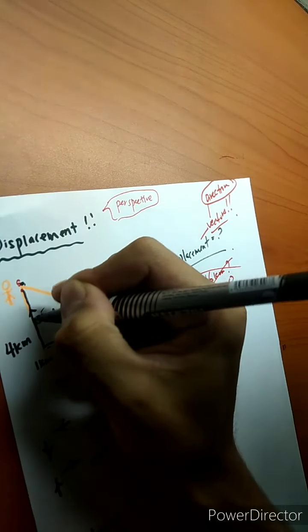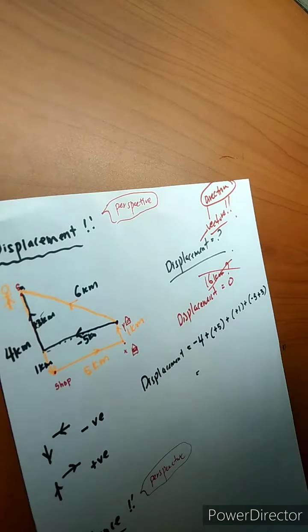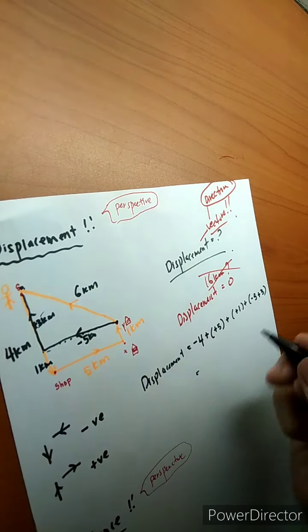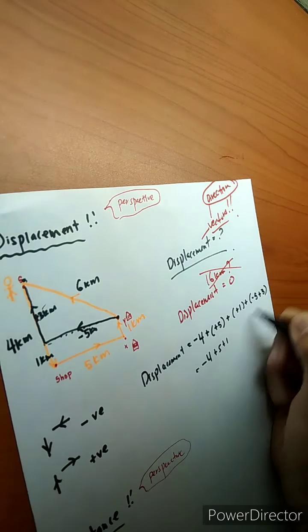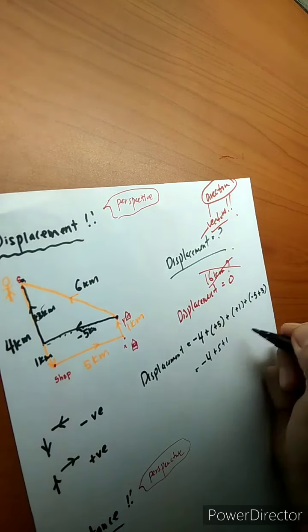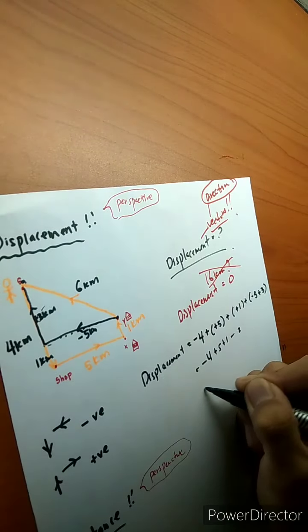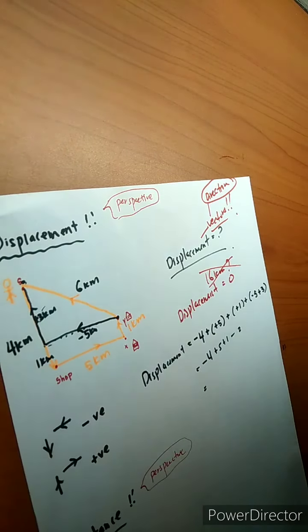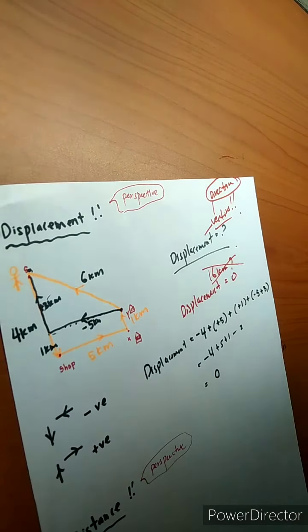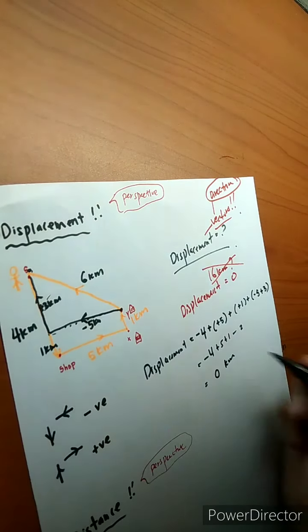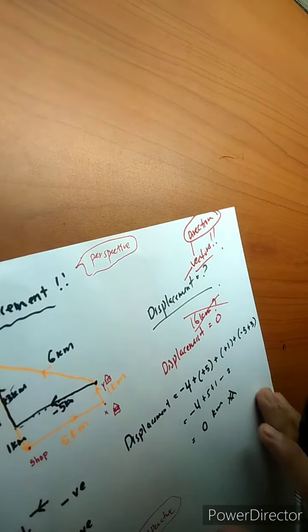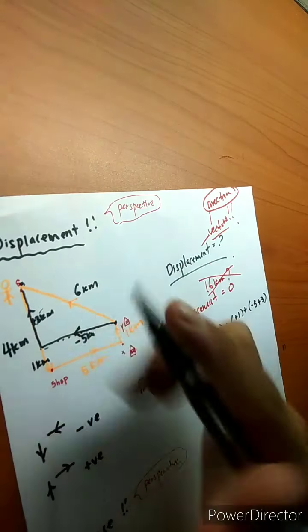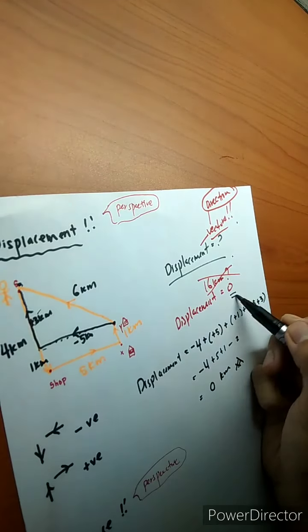So this is negative, and this is positive. Let us add this up: -4 plus 5 plus 1, so this is -5 plus 3 is -2, so it equals what? Of course 0, right? Equals 0. So it is another way to look at why my displacement is 0 kilometers.